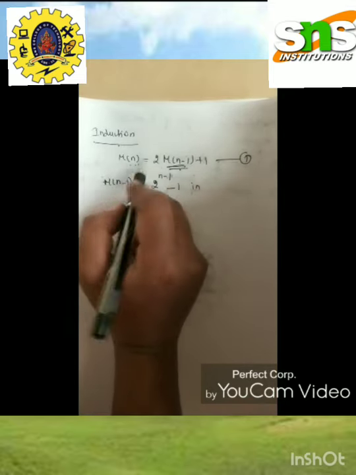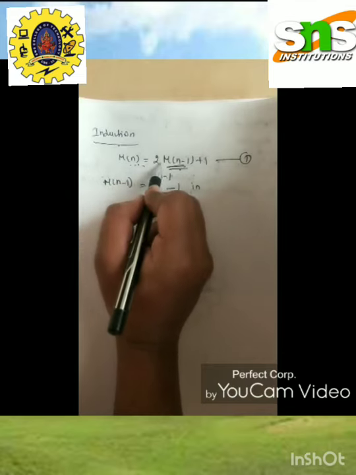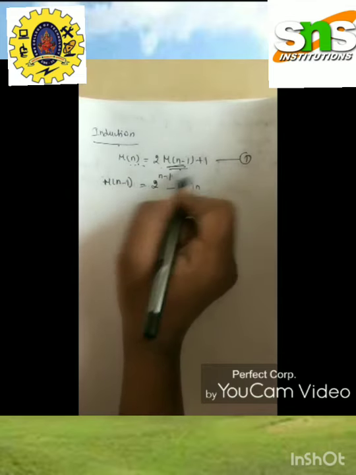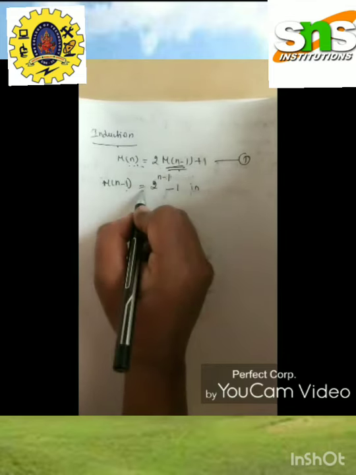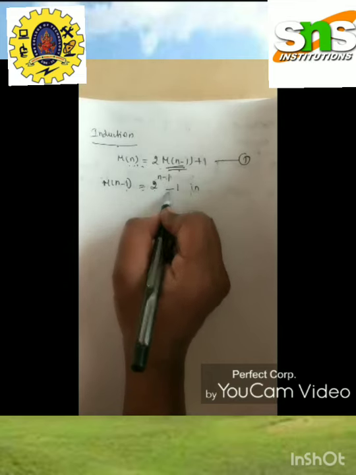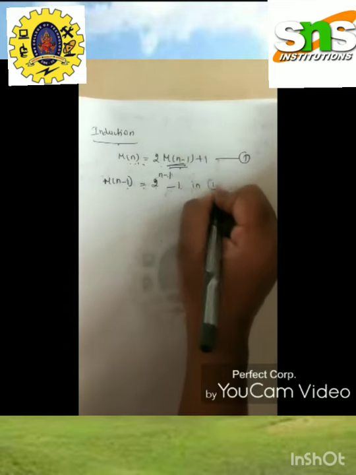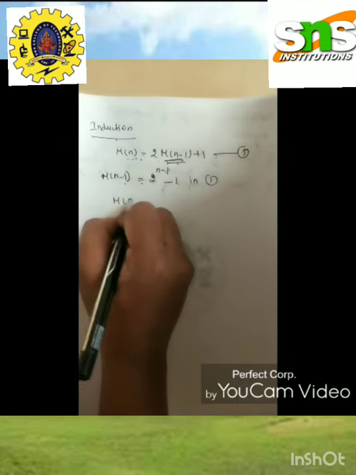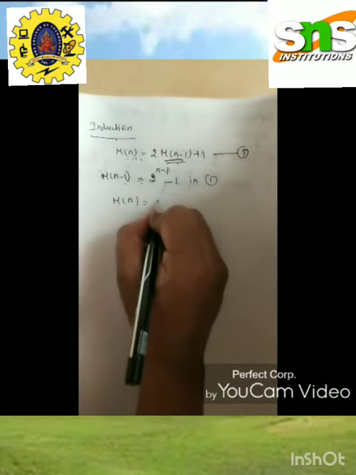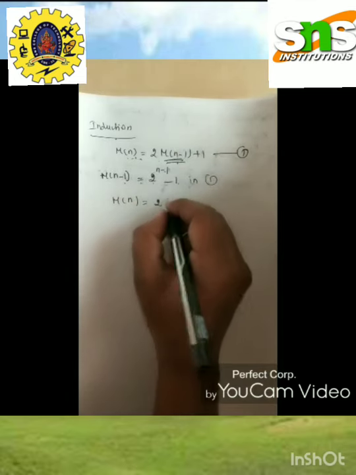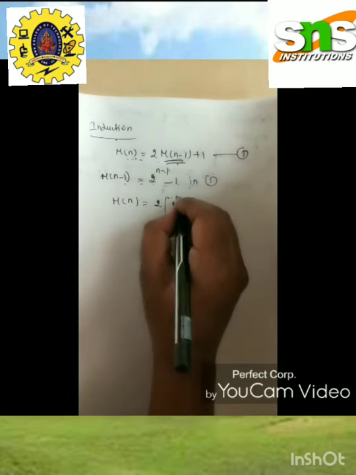So in induction, m of n is equal to 2 into m of n minus 1 plus 1. In this, m of n minus 1 is equal to 2 power n minus 1 minus 1 from equation 1. Okay, so m of n is equal to 2 into, instead of this, 2 power n minus 1.